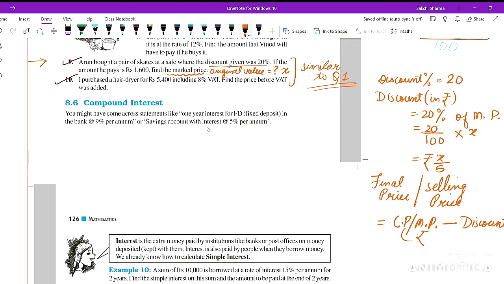Both of these should be in rupees. I am given that the final price is 1600. I have assumed the cost price or the mark price as X. I just calculated that discount is X by 5. I will be solving this equation and finding out X, and that will tell me what was the original price of the pair of skates.